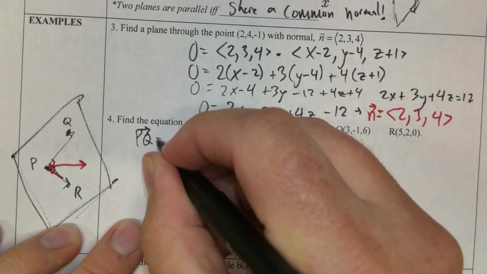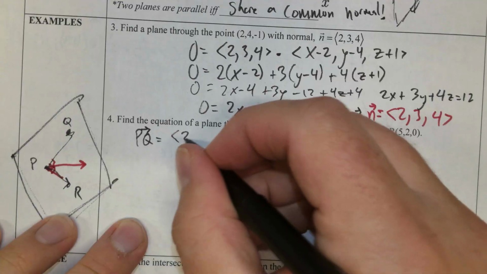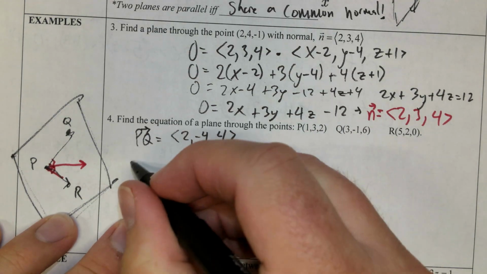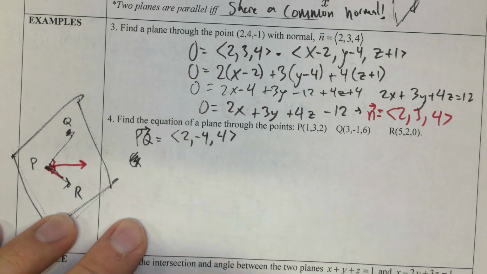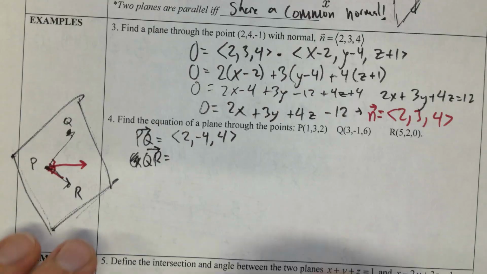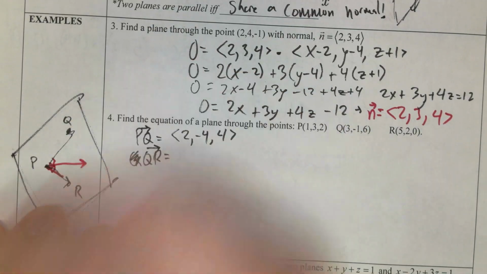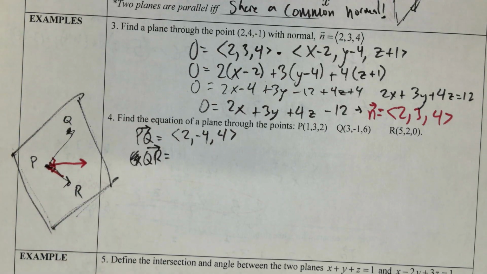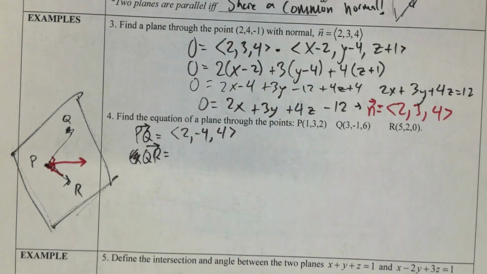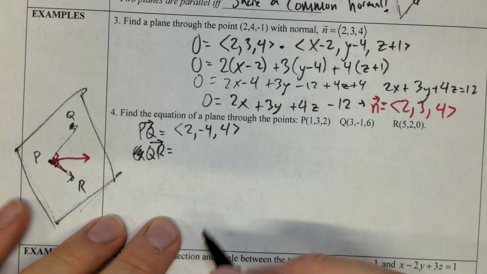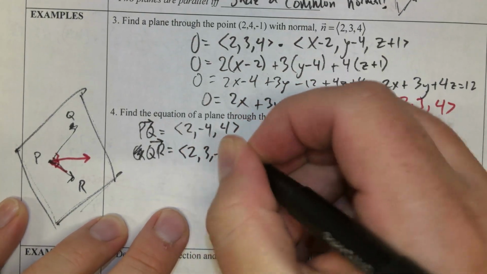I'll do a vector PQ, and I'll get 2, negative 4, 4. I'll blaze through that. I'll do vector QR. I guess my picture's a little bit false then, but you still see the same idea. Because we know that these are going to be coplanar points, I could do PQ, QR, PQ, QP, RP, all of these options are available to me. 2, 3, negative 6.